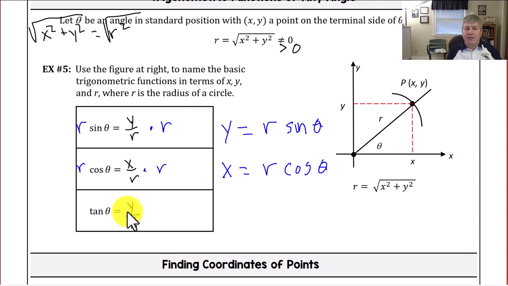Now tangent of theta is y over x. That also is going to equal the slope of our line. So tangent is slope. But these two, y equals r sine of theta and x equals r cosine of theta, memorizing those is going to be helpful in our future math studies.